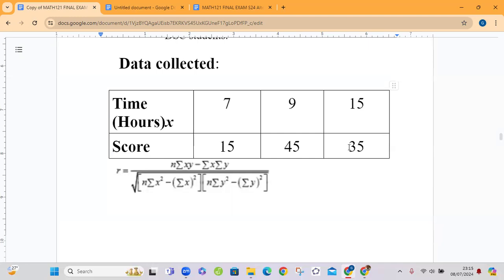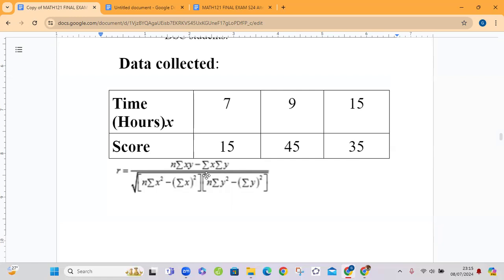So this correlation now can be measured by using this formula. It is called Pearson's correlation coefficient. Okay, not rank. Rank is Spearman's.